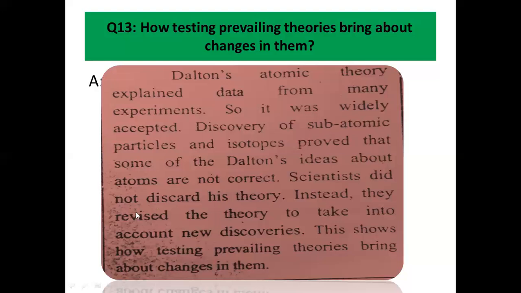Instead, they revised the theory to take into account new discoveries. They use his theory and then they make new discoveries. Until today, scientists are making new discoveries. So this shows how testing prevailing theories brings about changes in them. So new discoveries bring changes in the old theories.